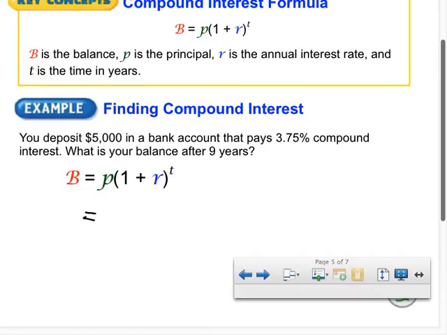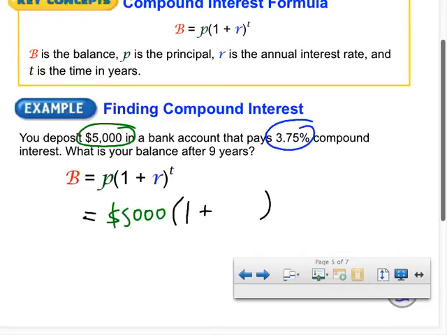Now here, you deposit $5,000 into a bank account. That account pays 3 7/75% compound interest. Okay? So, this part right here, 1 is always going to be there. The R is whatever my rate is. In this case, I need to rewrite that as a decimal.